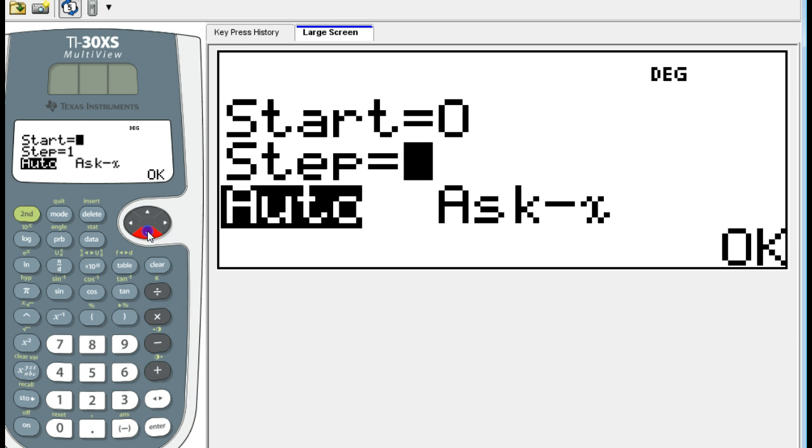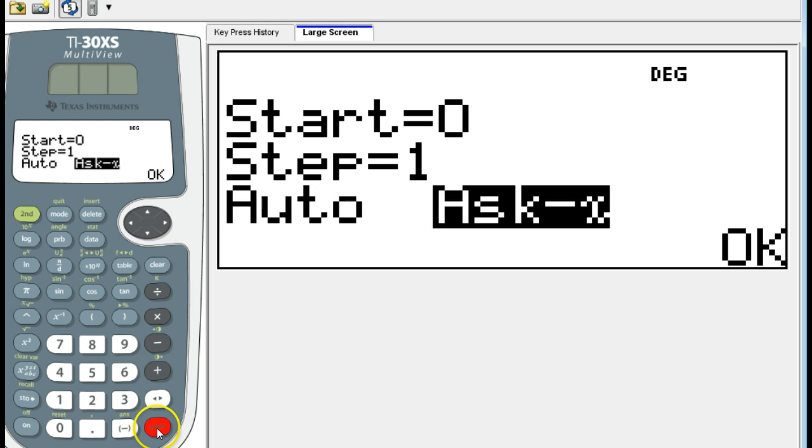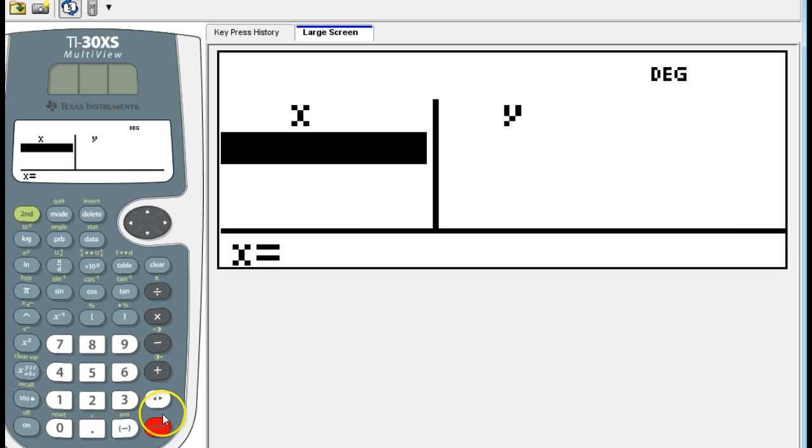I like to be in ask mode when I do this. So now I can type in any x value and get the y value that goes with it.